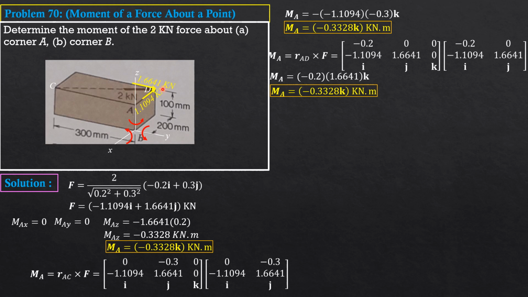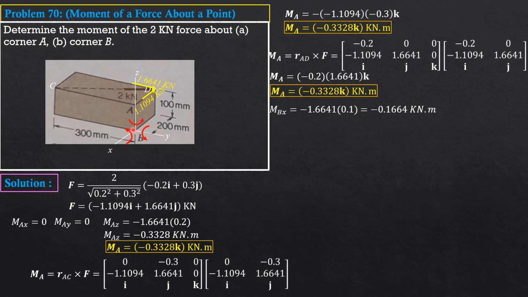This has moment 1.6641, but it is opposite to this positive direction by right thumb rule. So MBX is negative 1.6641 times 0.1, and it is equal to negative 0.1664 kilonewton meter.